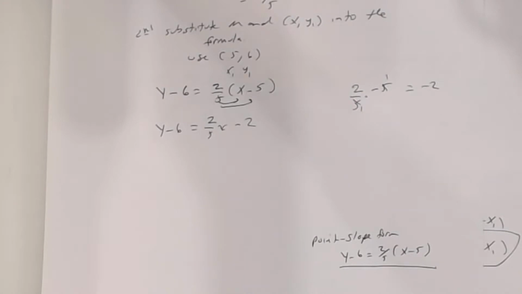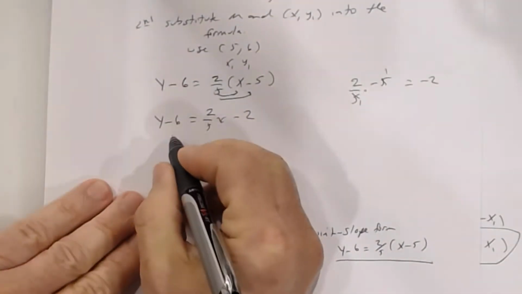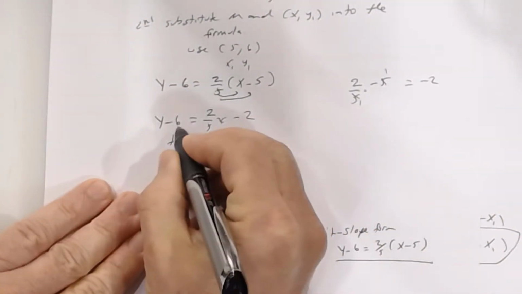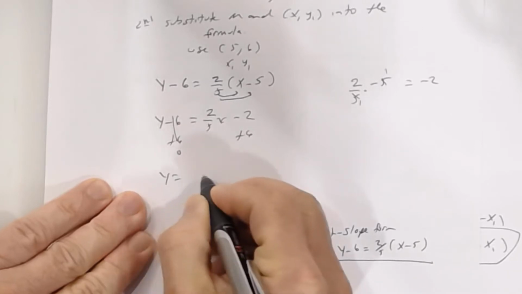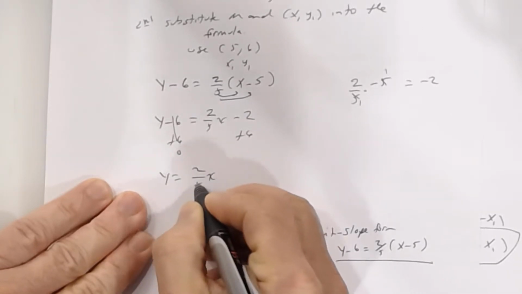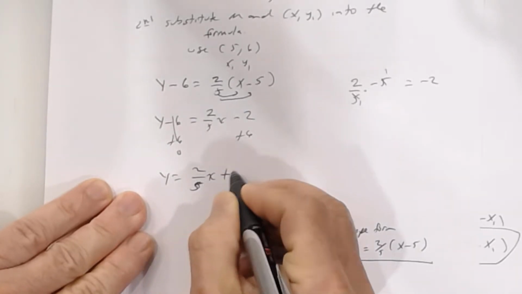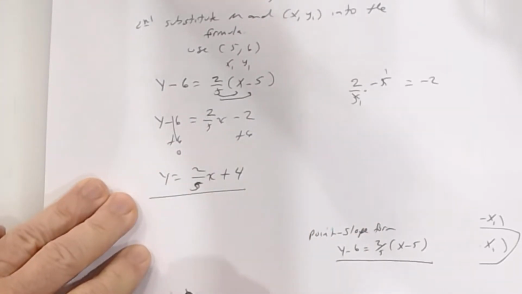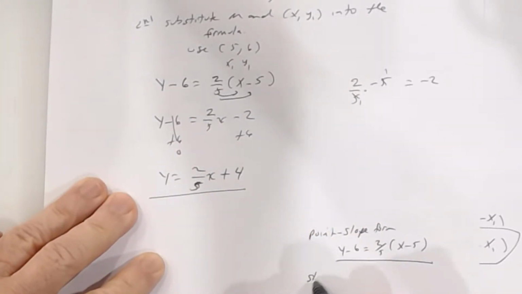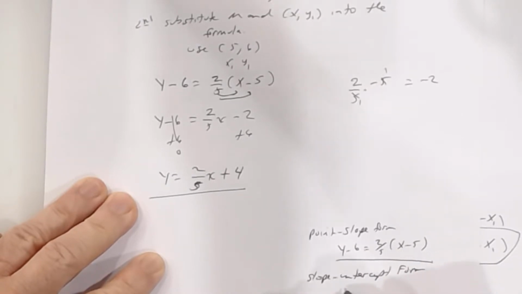And then one more step and you're done. What's the next step to get y by itself? Add 6 to both sides. And so you get y equals 2/5 x, plus what? 4. There's your slope-intercept form. So y equals 2/5 x plus 4.